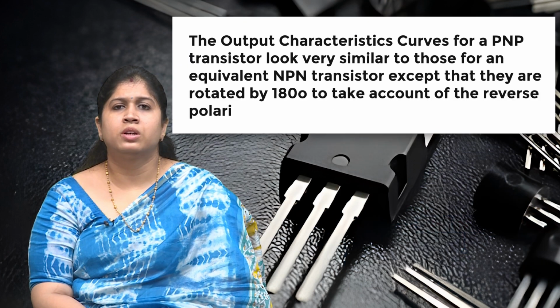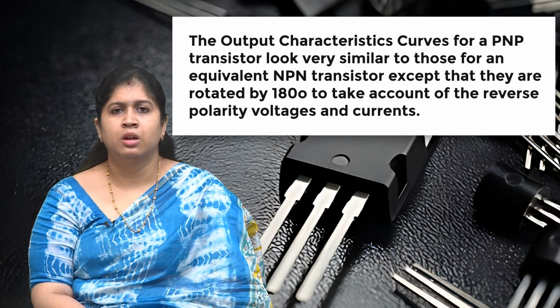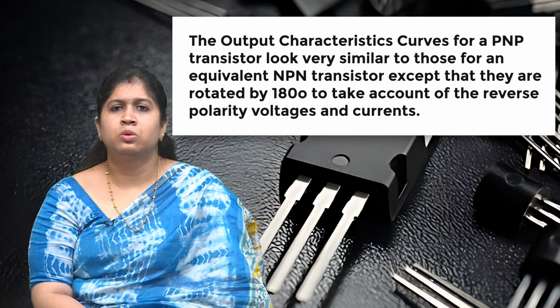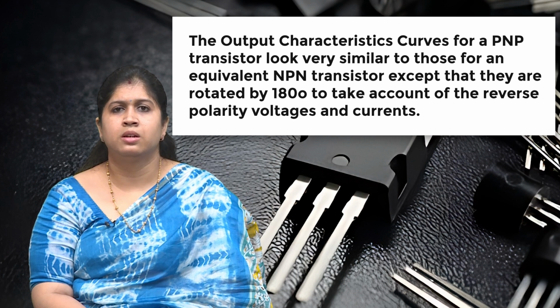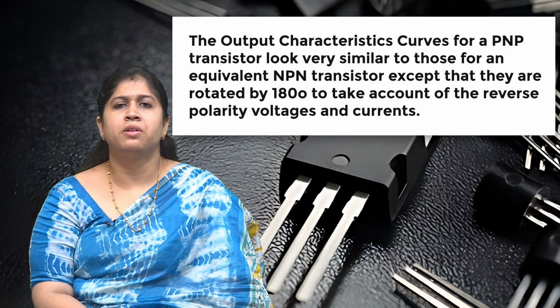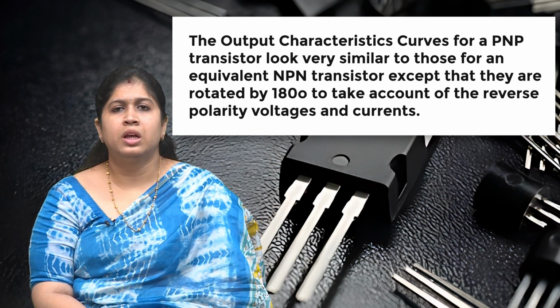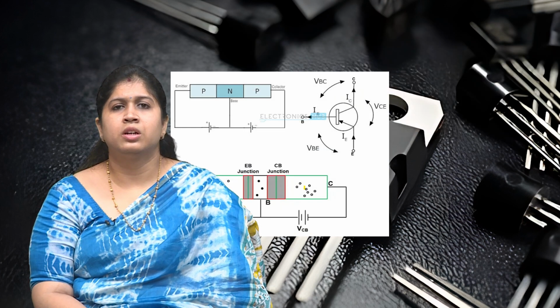The output characteristic curve for a PNP transistor looks very similar to those for an equivalent NPN transistor, except that they are rotated by 180 degrees to take account of the reverse polarity voltage and currents. This figure shows the PNP with its symbol and junction pattern.